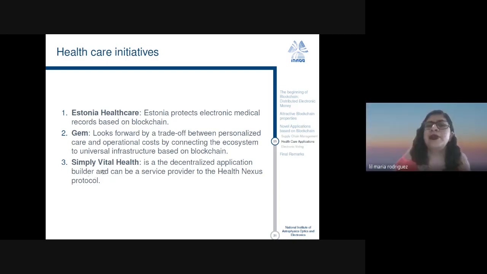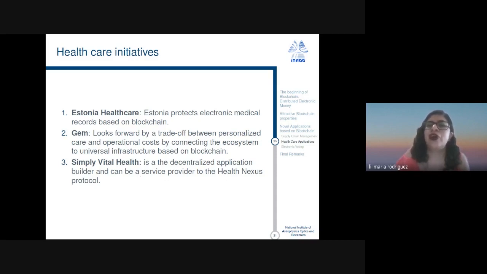Also, we have Simple Digital Health, that is a decentralized application builder. This is a nice initiative because you can build your own healthcare applications using blockchain in this platform. And they also provide a nice protocol called Health Nexus that helps to build these new applications.